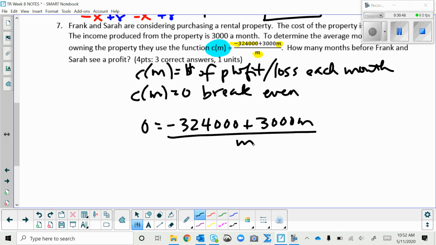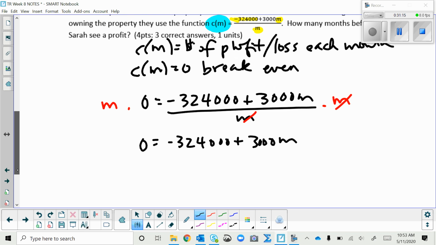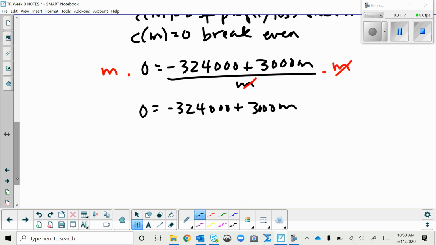So now we have this equation we can solve, and whenever there's something in the bottom, we can multiply both sides by that to get rid of the denominator. So on the right-hand side, those would cancel, and on the left-hand side, well, what is m times 0? It's just 0, right? Now we do what to both sides because we're trying to solve for m.